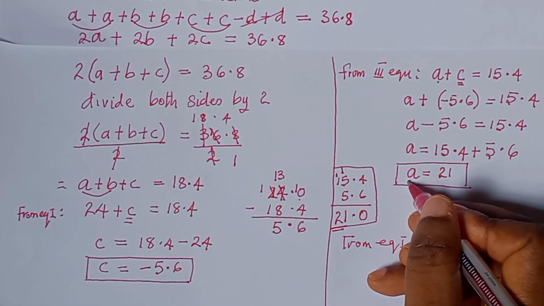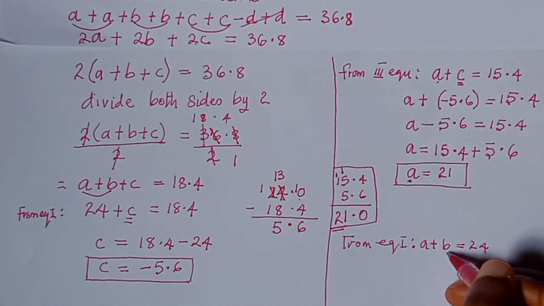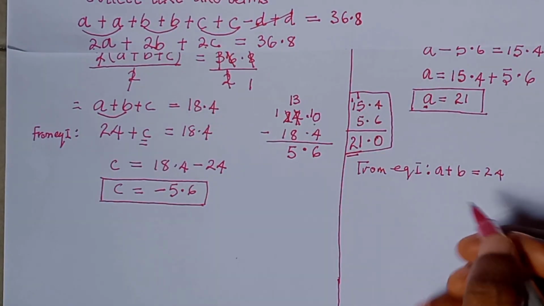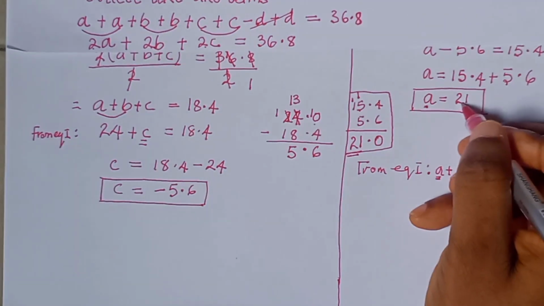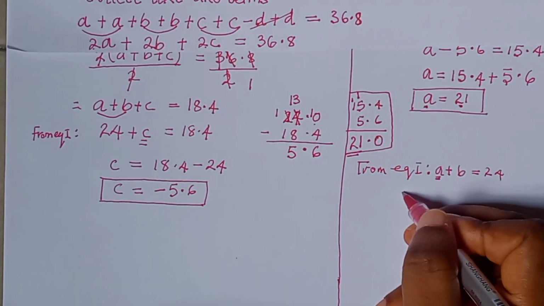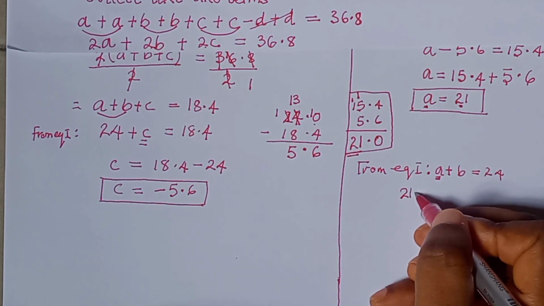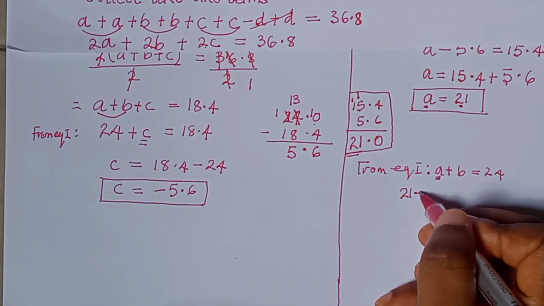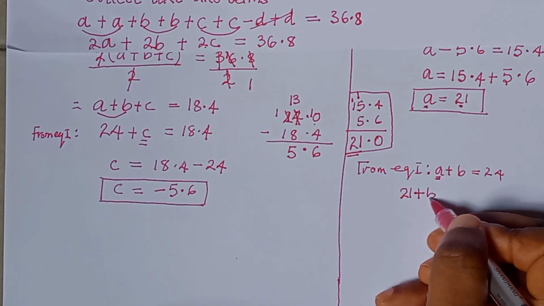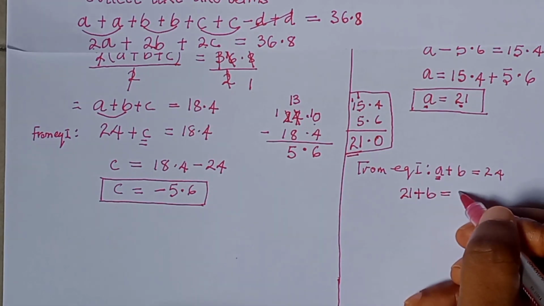Because we know our A, we can find our B. So we substitute 21, so we have 21 plus B equals 24.